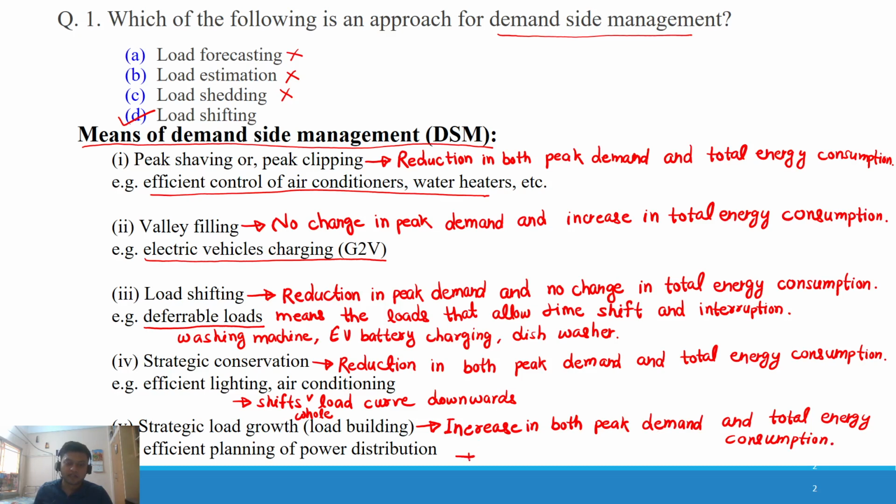So in this case, we shift the whole load curve upward. If you visualize the figure, then you can clearly get it.